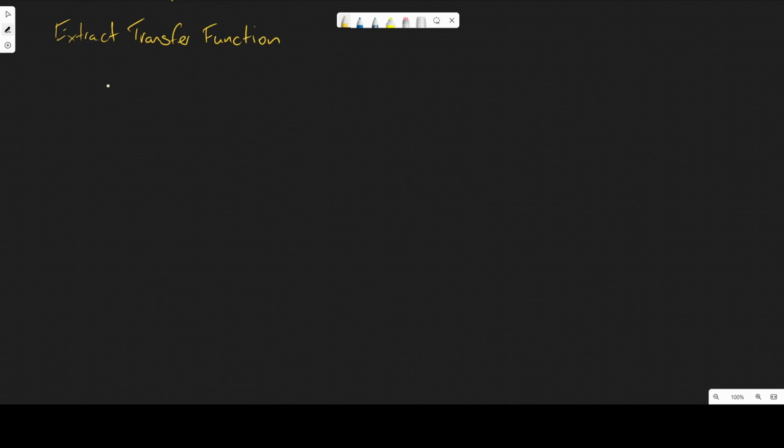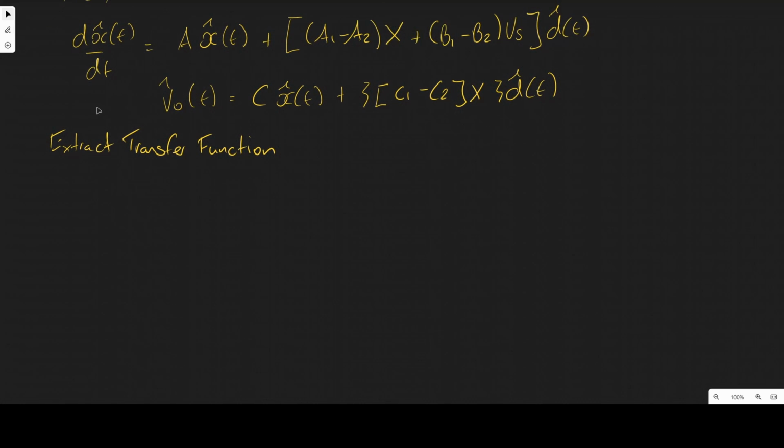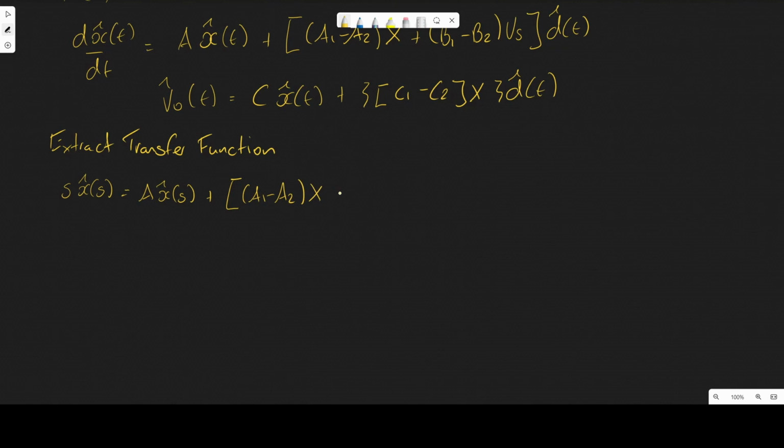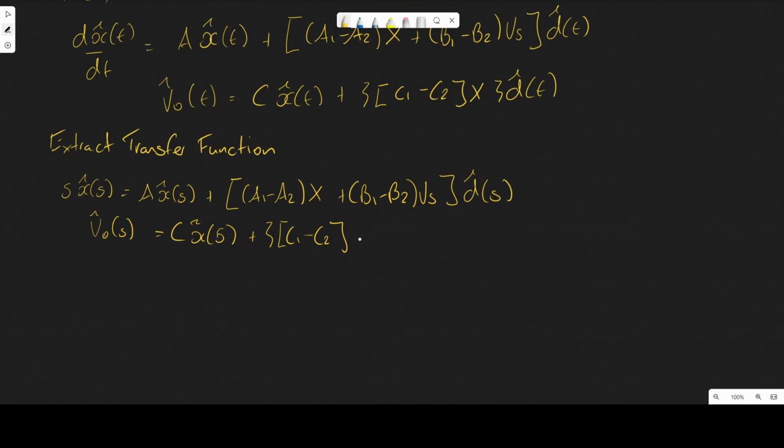we will start by taking the Laplace transform of the state space form, so that would be equal to s x hat(s) in the S domain equals A x hat(s) plus (A1 minus A2) x plus (B1 minus B2) Vs and the duty cycle d hat(s) in the S domain, and Vout hat(s) in the S domain is equal to C x hat(s) plus (C1 minus C2) x and d hat(s).